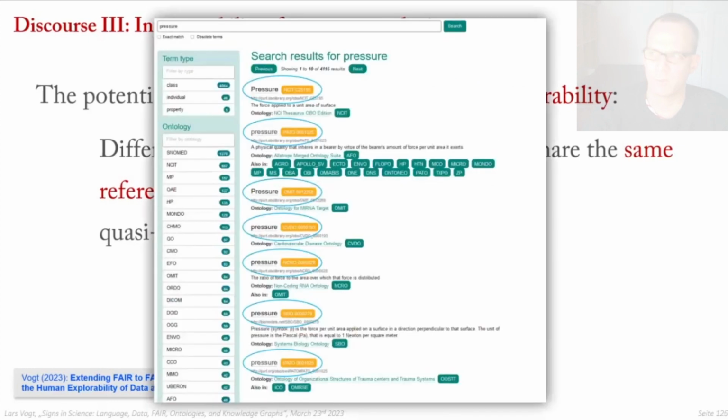And that's, of course, problematic. And here I use the Ontology Lookup Service and search for the term pressure. And we see I have several hits, all from different ontologies. You see that here in the yellow, the identifier. So different ontologies all have the same term defined, pressure.